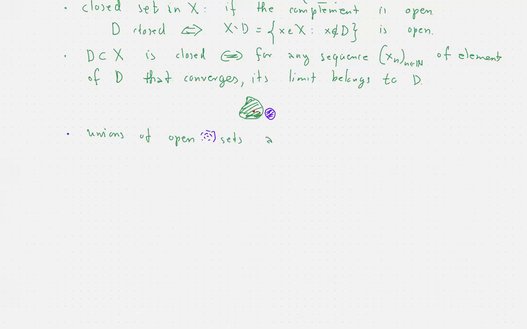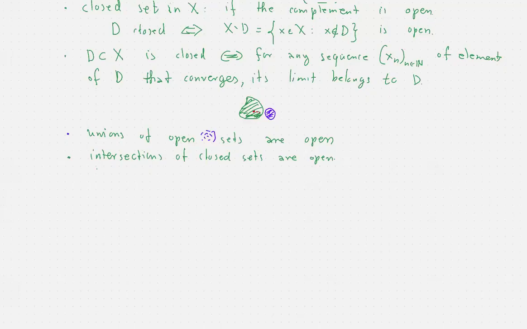And intersections of closed sets are closed. Actually, the fact that these two statements are equivalent follows completely formally from a statement known as De Morgan's law that has to do with just set theoretic notion.